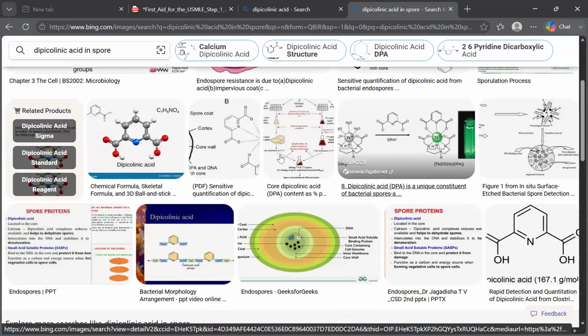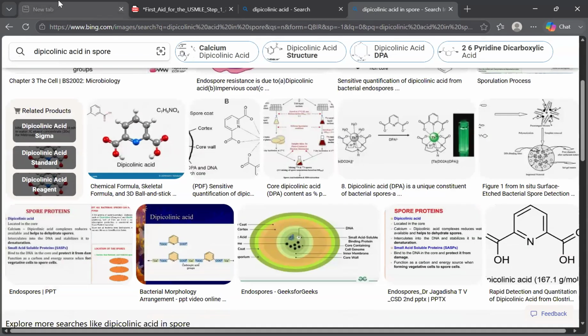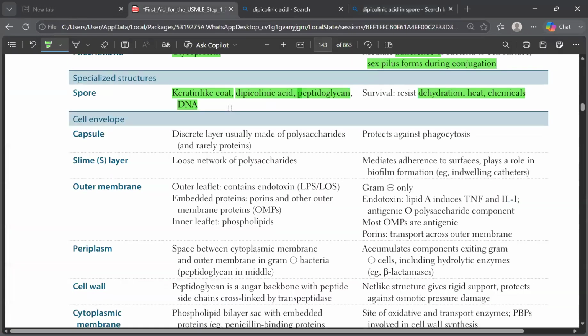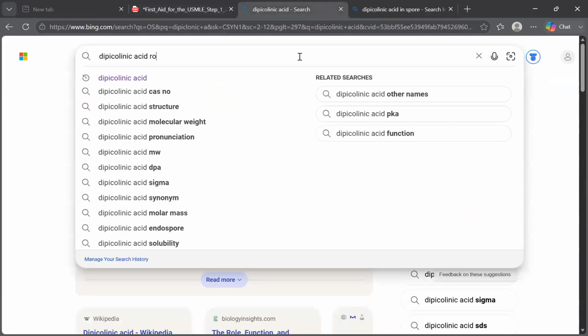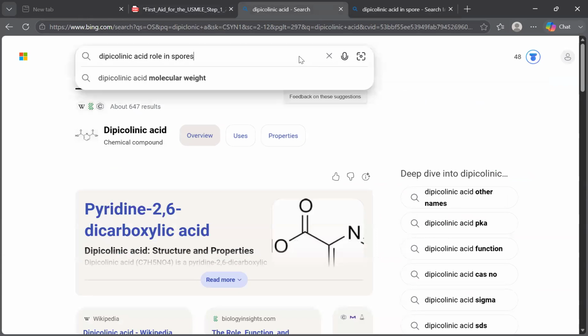It's part of the structure of the spore, basically. I think a better question would be the dipicolinic acid's role in spores.